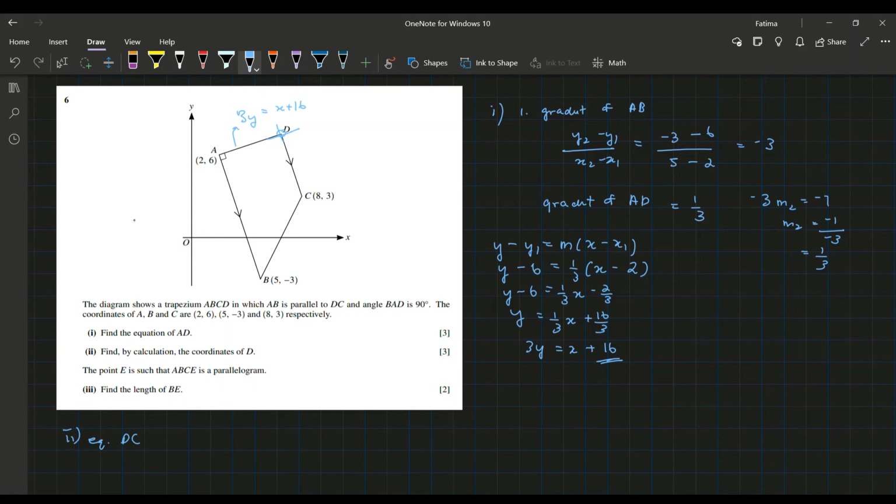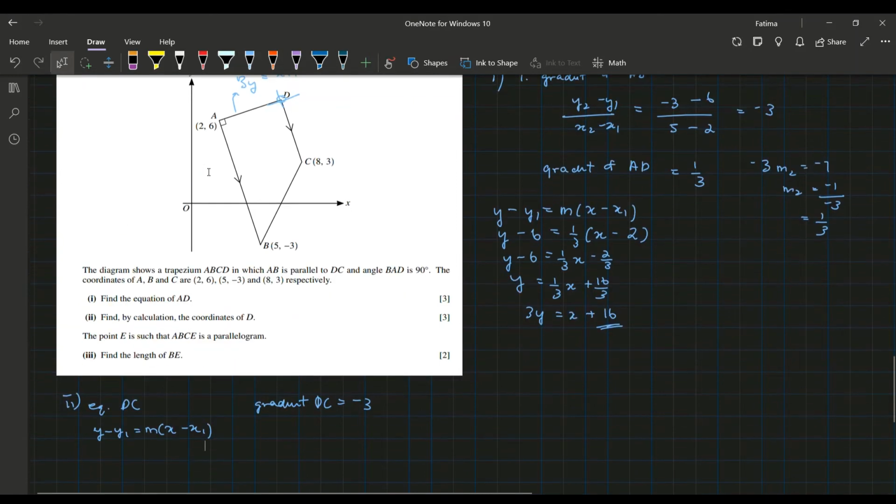Now for the equation of DC, what we're missing is our gradient. Well, because DC is parallel to AB, their gradients will be the same. And I know already from the previous part that the gradient of AB was -3. So the gradient of DC is also going to be -3. So for the equation, it will be y minus y1 is equal to m(x minus x1).